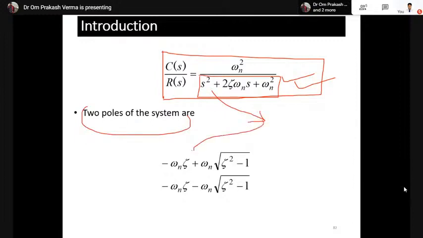When you solve the polynomial, you will get two roots. These are complex roots: minus omega n zeta plus omega n root under zeta square minus 1, and minus omega n zeta minus omega n root under zeta square minus 1. So these are the two poles.